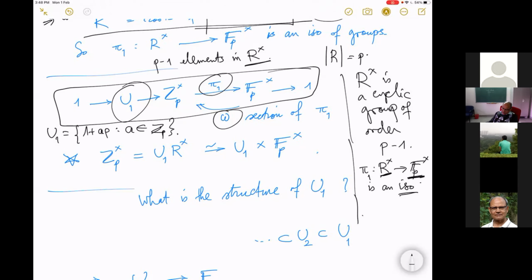Is it a subgroup of Zp star? Any such element is invertible because it's congruent to 1 modulo p, so it's invertible in Zp. And the product of any two such elements is again of the same form. So it's a subgroup of Zp star. And actually, you don't have to say all this because U1 is really the kernel of pi 1, and therefore it's a subgroup.